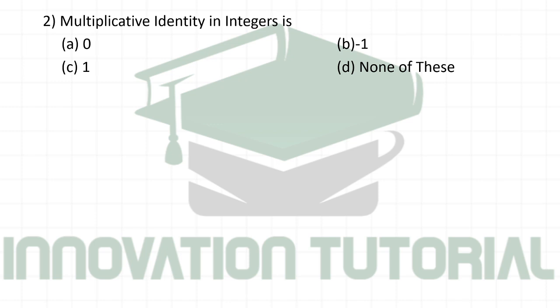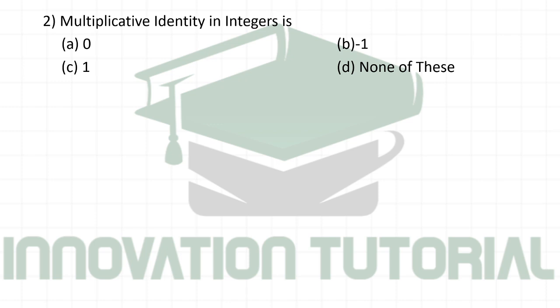What is the multiplicative identity in integers? A 0, B minus 1, C 1, and D none of these. Tell the answer in the chat section so that I'll be able to know whether you know the answer or not.